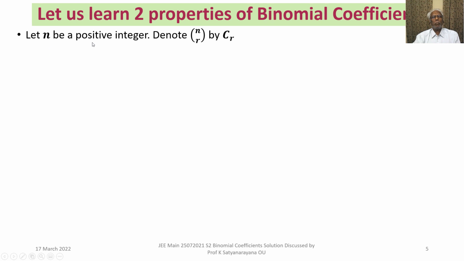Let's now discuss the solution of the problem. Before that, let us learn two very important properties of binomial coefficients which we are using in this problem. Let n be a positive integer, and denote nCr by capital C suffix r.